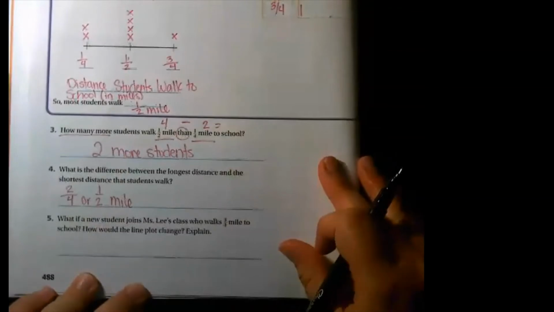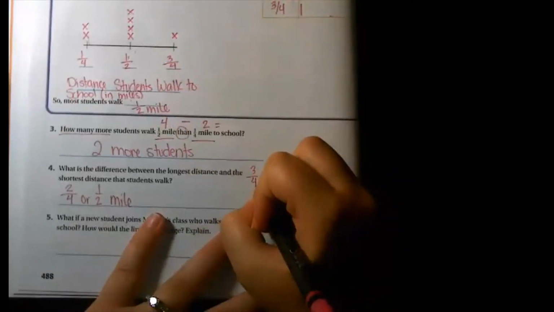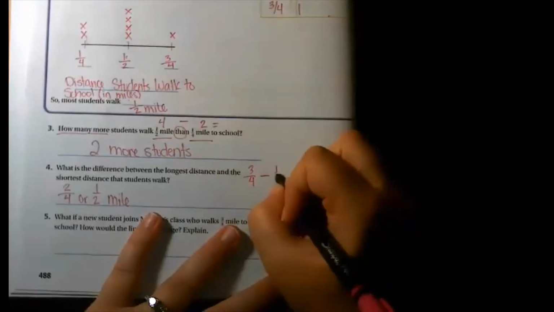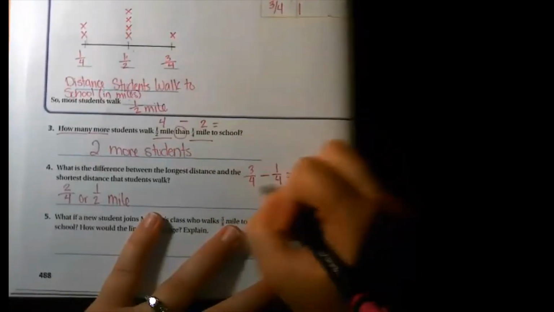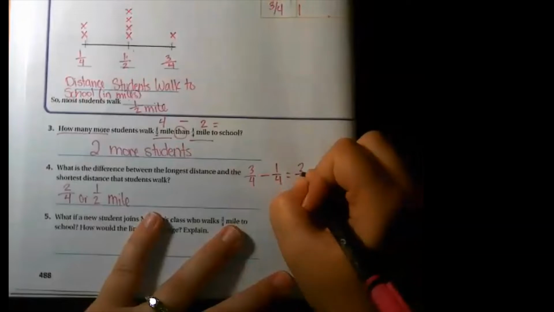Okay, that's if you're going to do the leaps. Okay, if you're going to do a subtraction problem, you take the biggest fraction and you subtract the smallest fraction. Remember, if the bottoms are the same, you just carry it over and then you subtract the top. So 3 minus 1 is 2, which is the same thing we got before.